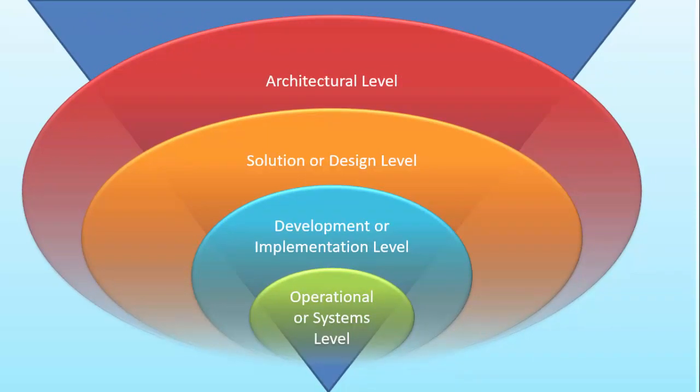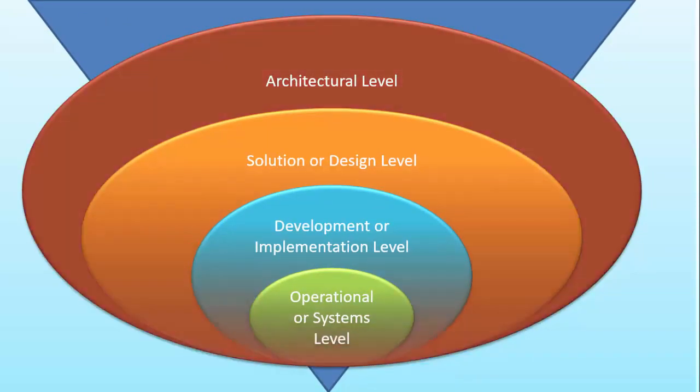So if we work our way down through these different levels, at the architectural level, we're looking at the components that make up the architecture, and we're focusing very much on the components, how they're configured, how they relate to one another, how they work with one another from an architectural perspective.